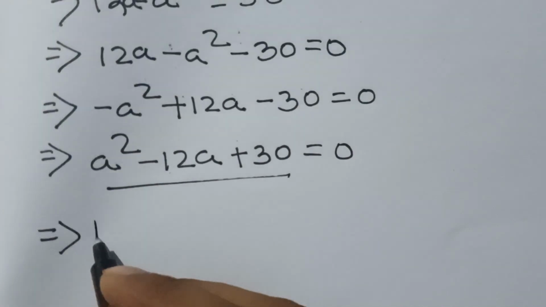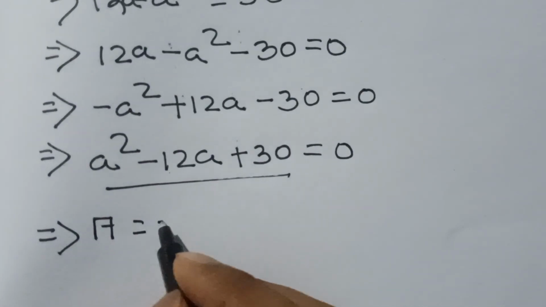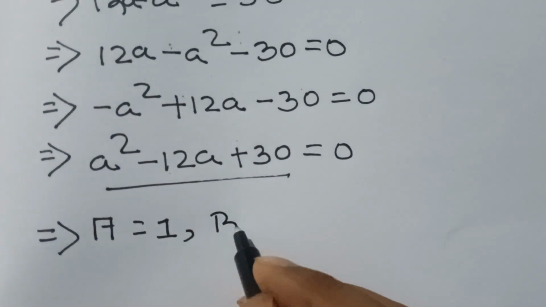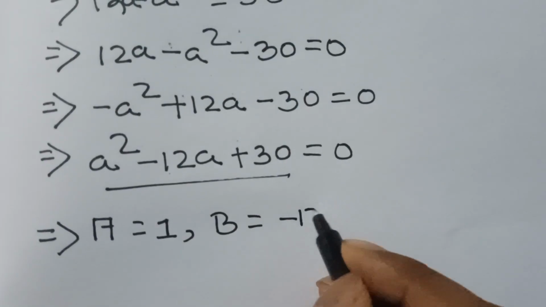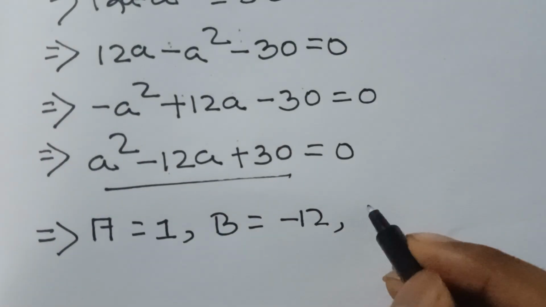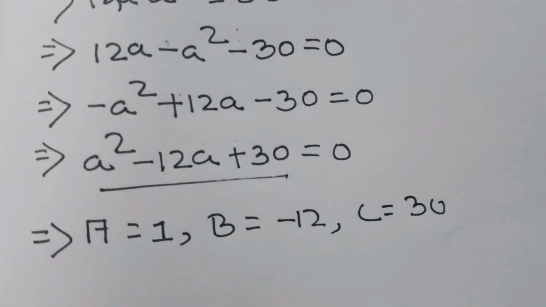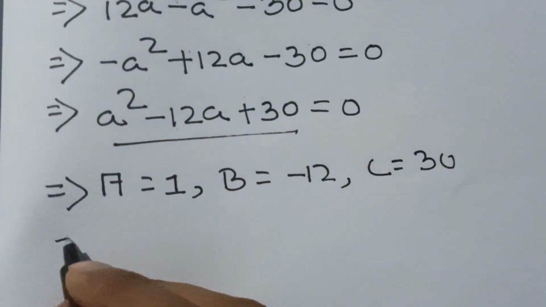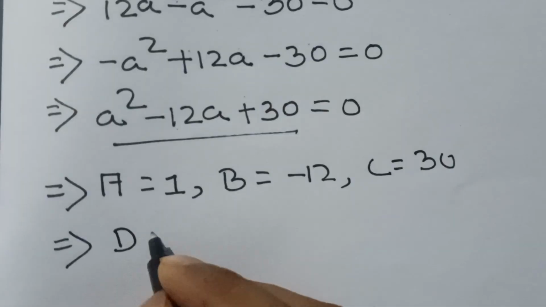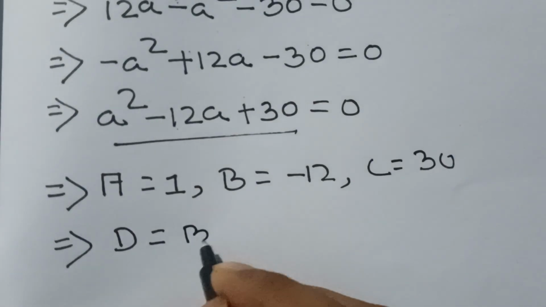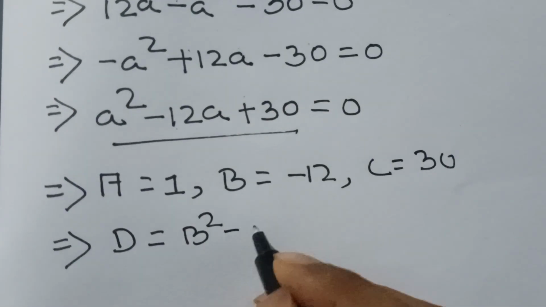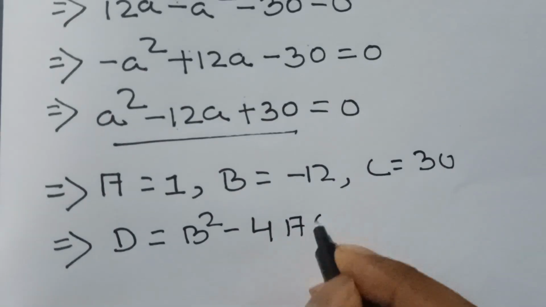For the equation a square minus 12a plus 30 is equal to 0, the coefficients are a is equal to 1, b is equal to negative 12, and c is equal to 30. Now we'll calculate the discriminant, that is d is equal to b square minus 4ac.